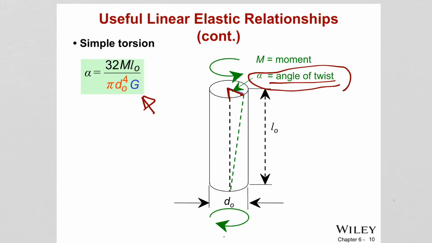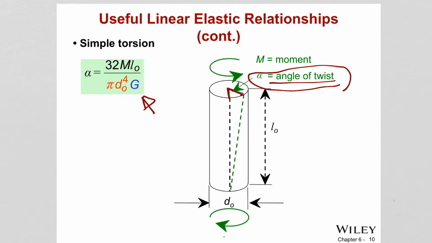Just giving you this information so that you can keep it in mind in case in the future you might want to use it and come back. You can see this equation here, in which the angle of twist is basically related to the deformation, and that deformation is again related to the moment, dimensions, and G. So all we understand from this chart, the important point, is again that the deformation is related to the forces applied, the characteristics of the material, and the dimensions.